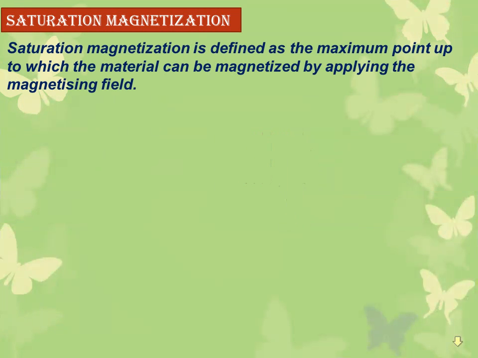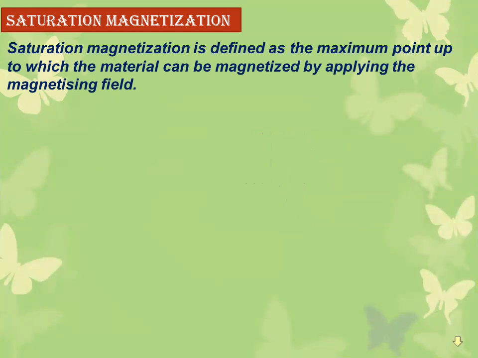Now, what do you mean by saturation magnetization or saturation level? As you know, all of us do not have a saturation mind because we need more and more. Like that, the magnetization also has a saturated level, and after it reaches that level it starts to return.